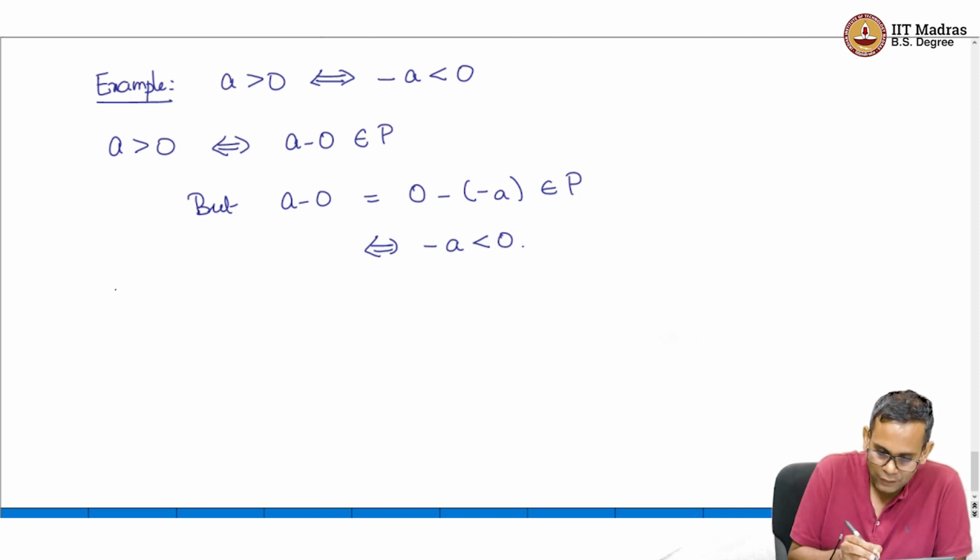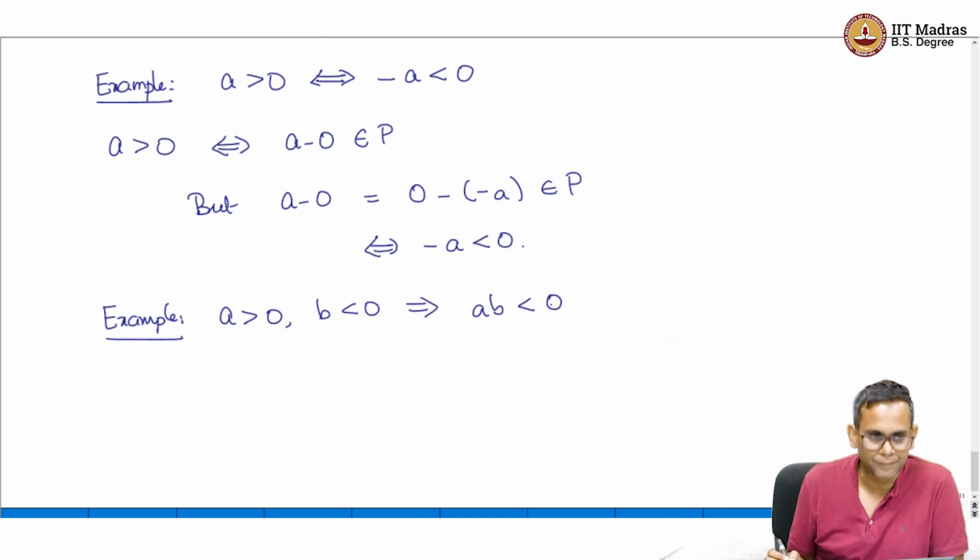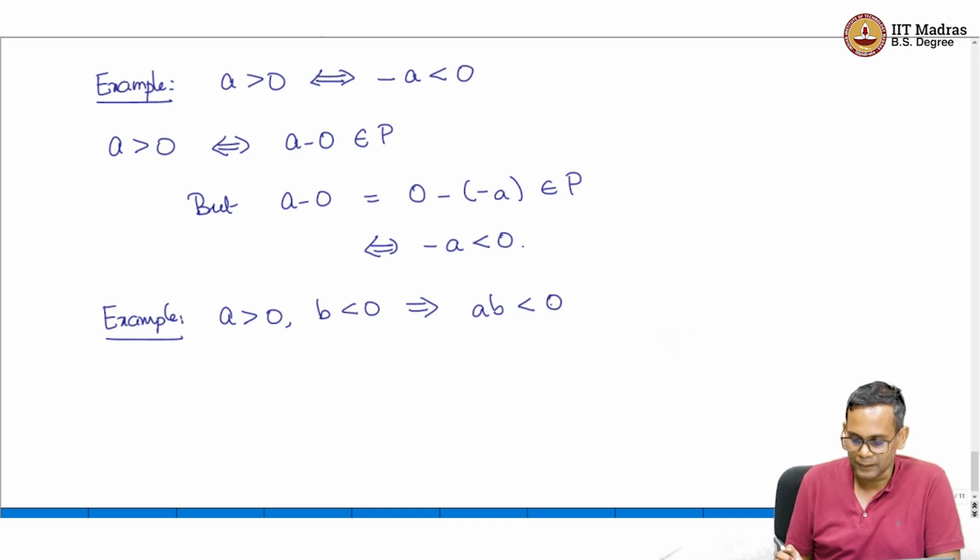A slightly stronger statement here is that if you have a greater than 0, b less than 0, then this implies that ab is less than 0. The product of a positive number and a negative number is less than 0. The proof is very similar to what I have done above. I will let you think about it.